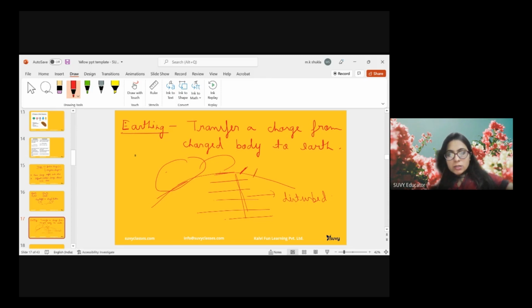When the land gets disturbed, the sea water also gets disturbed. So what will happen? There will be high tides. Tides means the tides in the water of the oceans. There will be high tides due to disturbance of the earth. These high tides can be so large that they can cause flood. And if the high tide becomes very, very large, it can cause a tsunami also. When a tsunami hit India, a major tsunami occurred in the Indian Ocean on 26 December 2004.